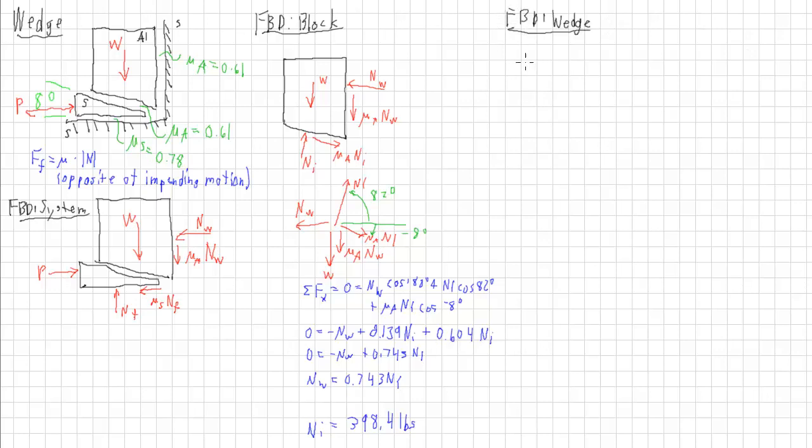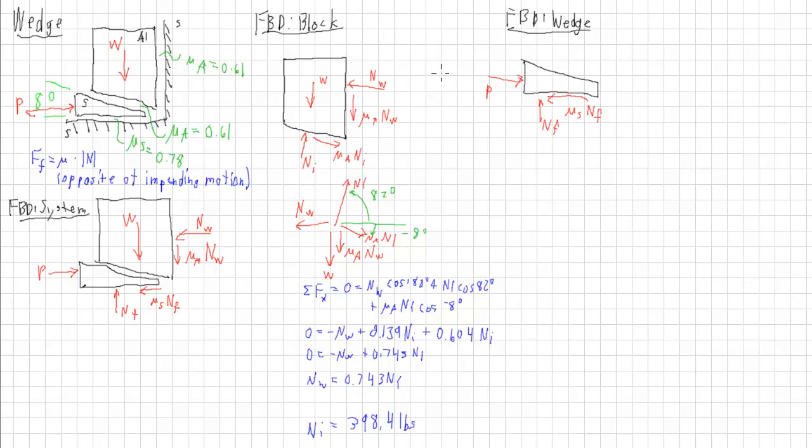Okay, so we have the wedge looks like this, and we have the applied force P, which should be horizontal. Then we have the frictional force going back at us. And remember, this is the steel interface, so we have mu S NF. Then the normal force of the floor.